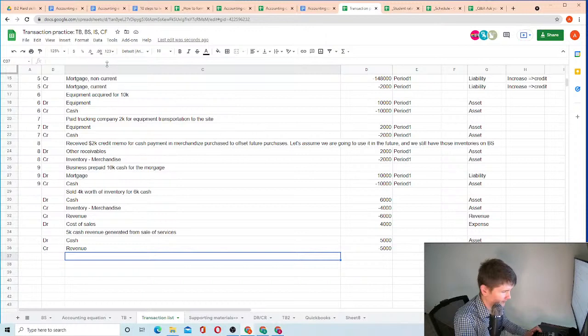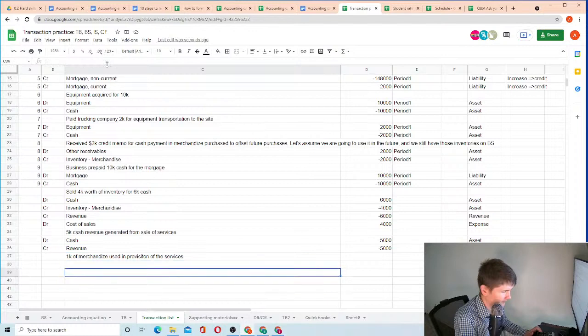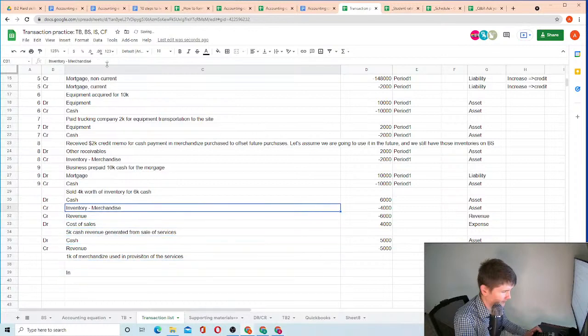So let's say 1K of merchandise used in provision of the service. So what do we have here? We use the merchandise, so we need to decrease the inventory. Let me copy the account.